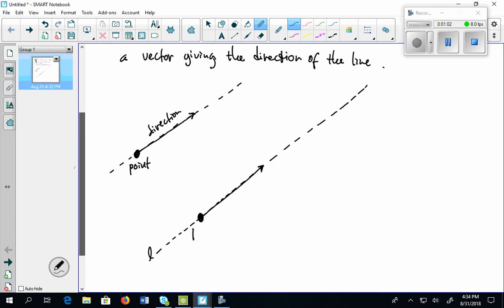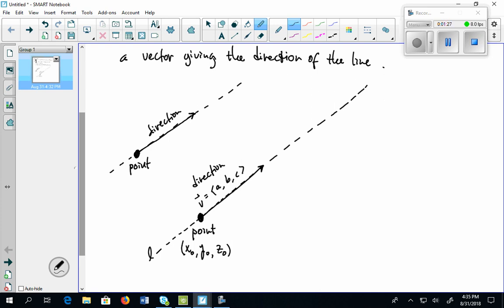So here's my point, and that's the starting point of the vector, the initial point. So to indicate that, I'm going to put sub-zeros on x, y, and z. And this is my vector v. And just generically, I'm going to call the components a, b, and c here. And this gives me my direction.